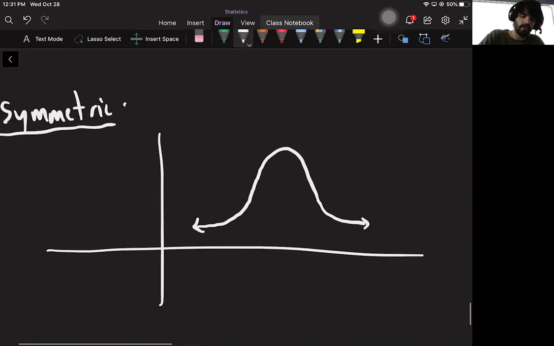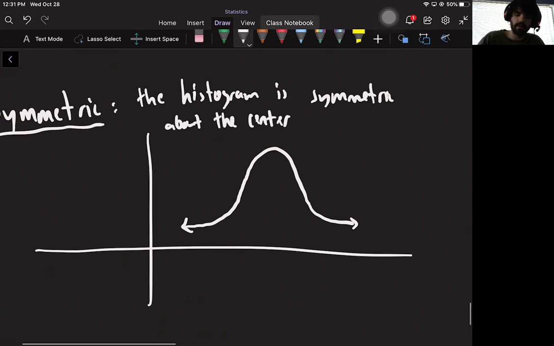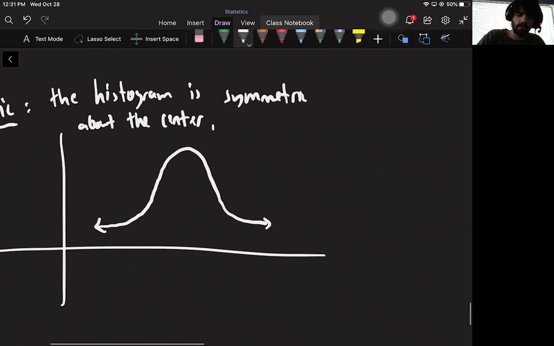So the histogram is symmetric about the center. It doesn't have to be perfectly symmetric, just mostly symmetric. And so what this means is you can draw a bell over it pretty nicely.